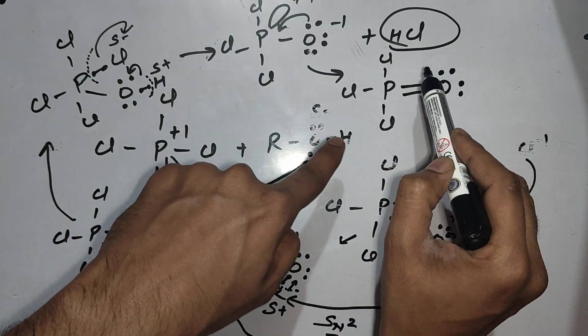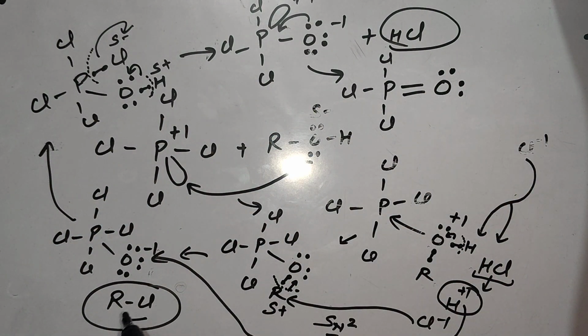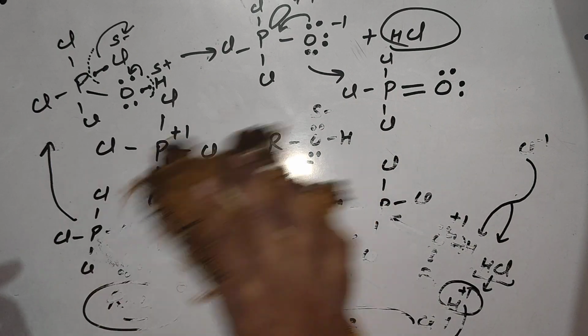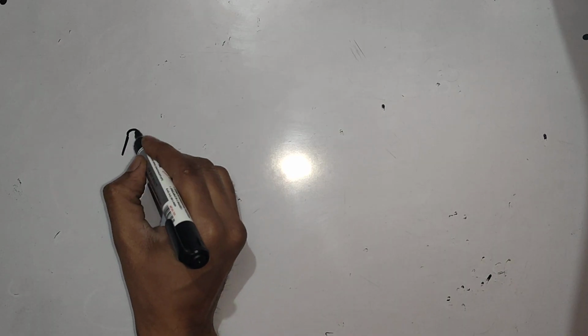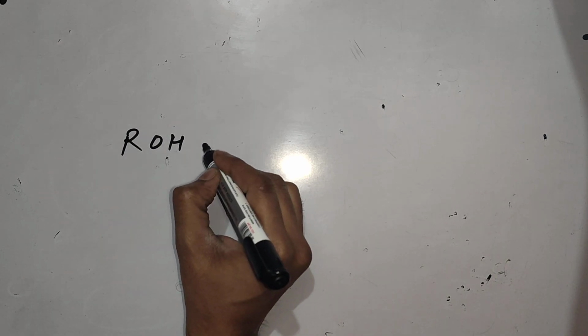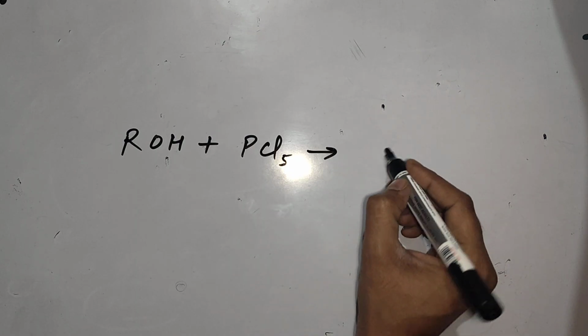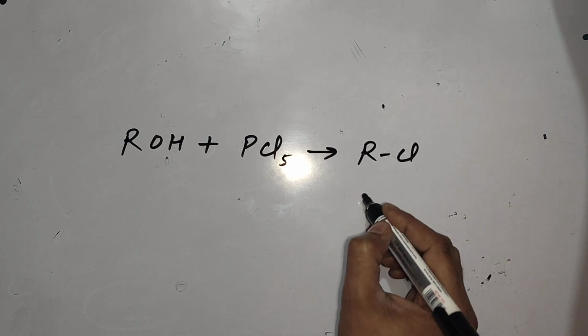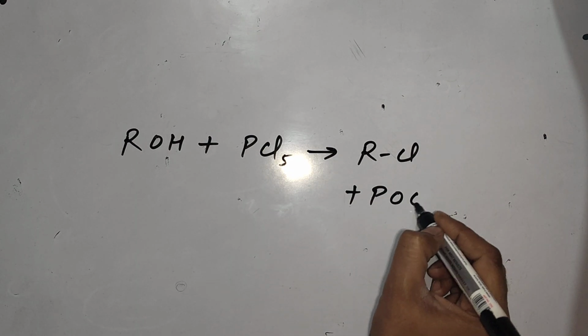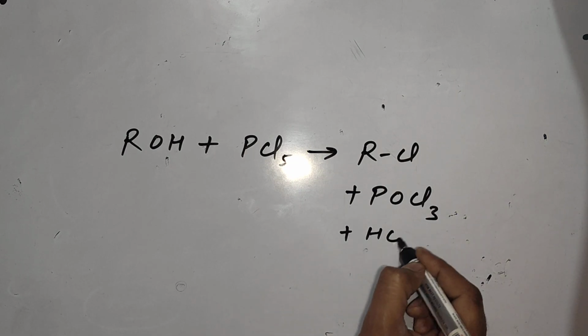POCl3, HCl and RCl. These are the main products we have during this reaction. So if I write this whole reaction, 1 molecule of alcohol plus 1 molecule of PCl5 reacts to create 1 molecule of RCl, 1 molecule of POCl3 and 1 molecule of HCl.